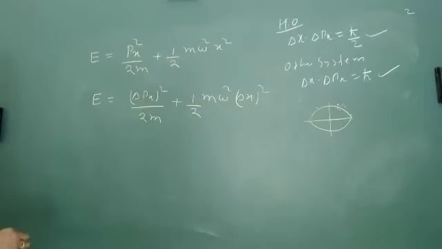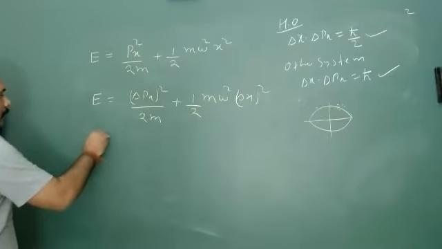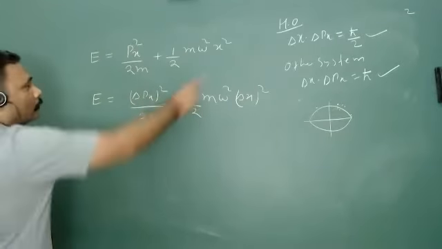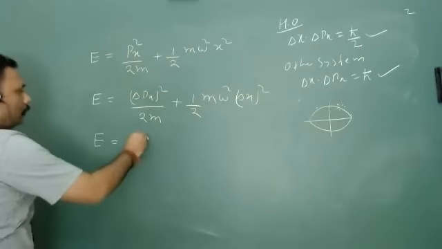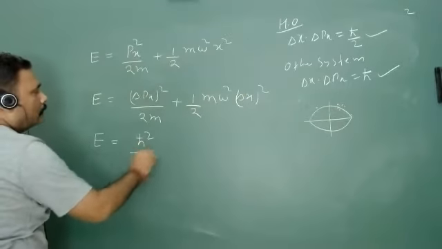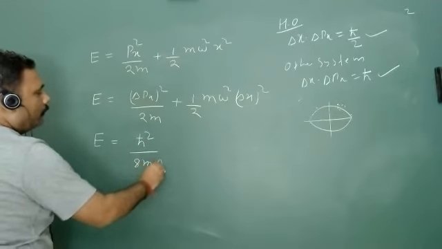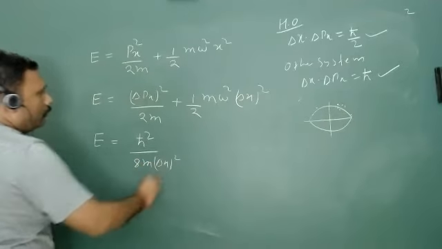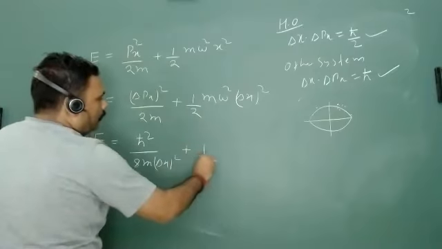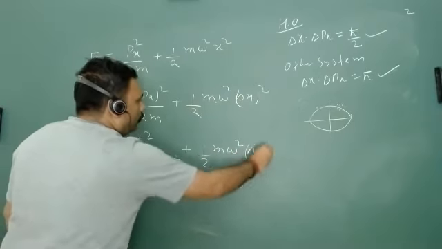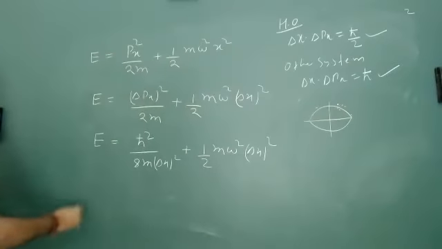So now you can write this E as, we will have to use the upper part, that is h cut square upon 8m delta x square plus half m omega square delta x whole square.